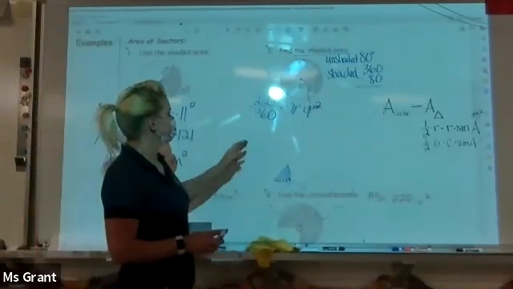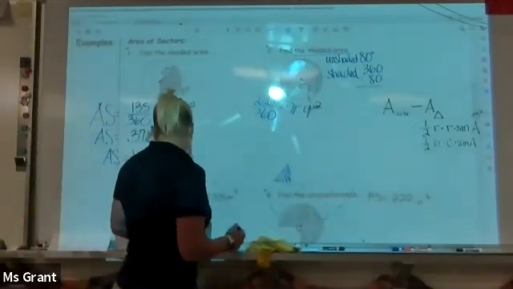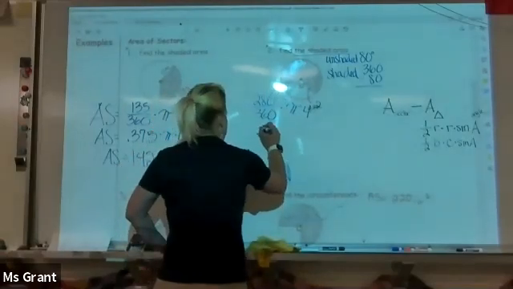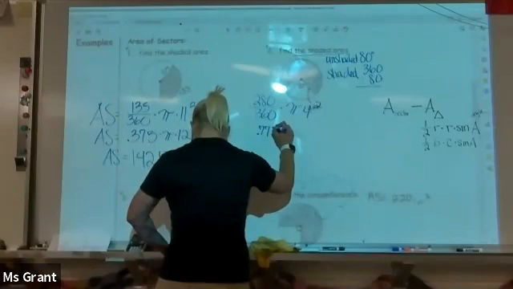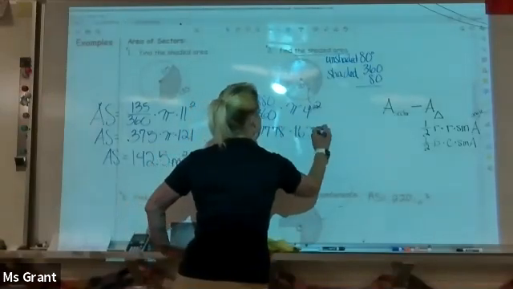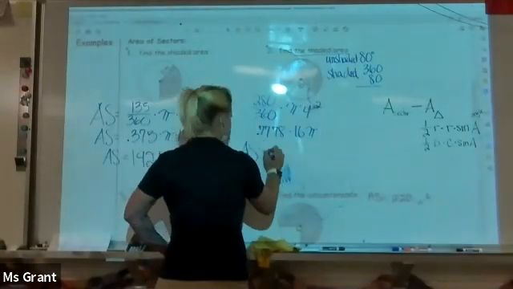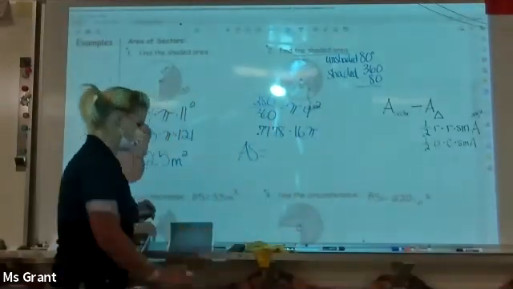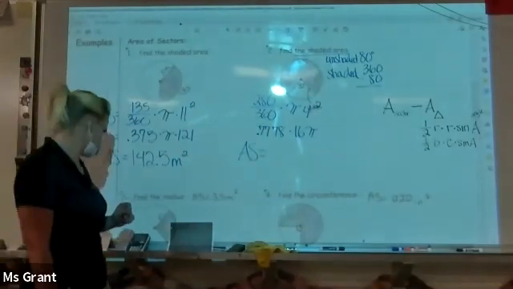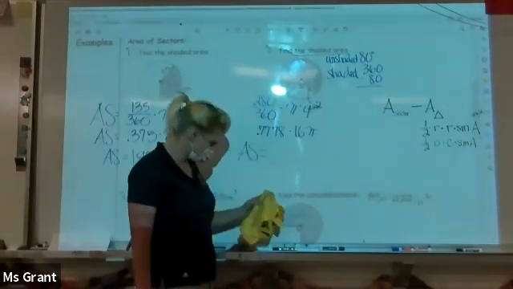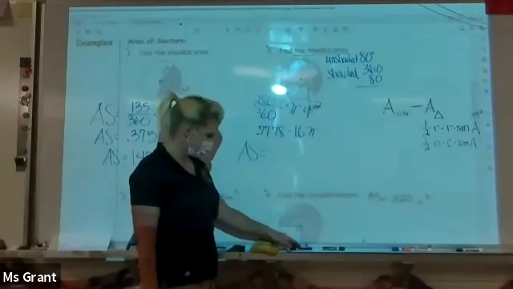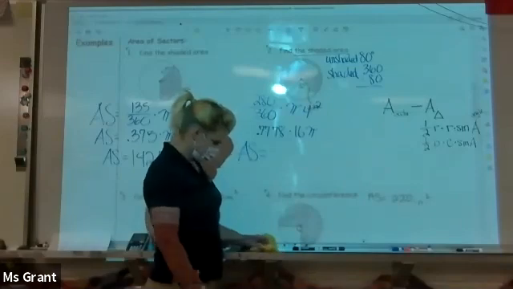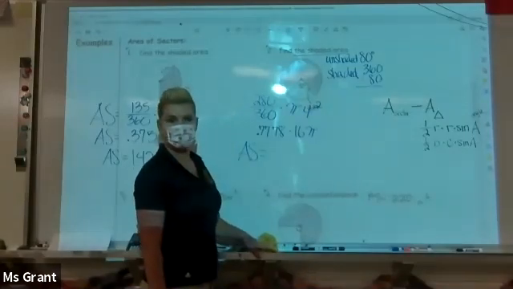Okay. 280 divided by 360 times pi times 16, right? I mean, this is fine. 0.7778 times 16 pi. The area of the sector is, what is it?